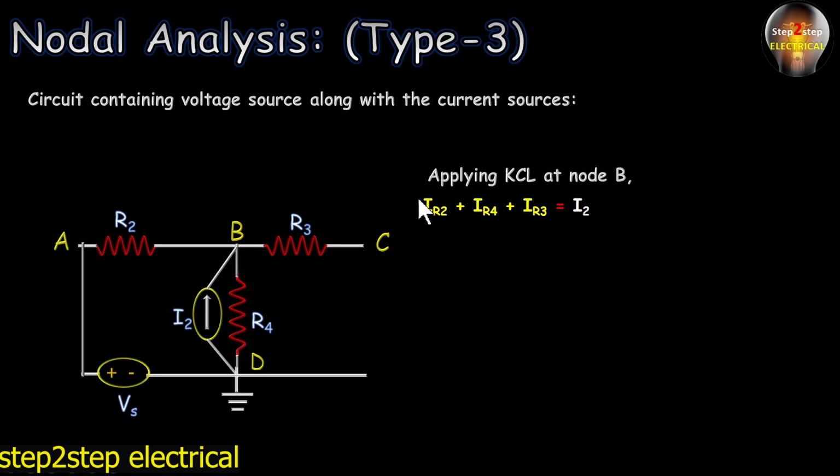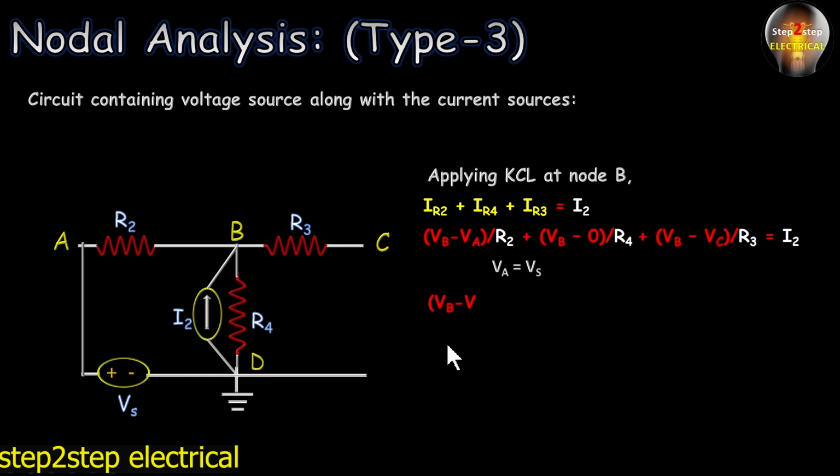So we can write IR2 plus IR4 plus IR3 is equal to I2, where IR2 equals (VB minus VA) upon R2, IR4 equals (VB minus 0) upon R4, and IR3 equals (VB minus VC) upon R3. Since VA equals VS, we can replace VA by VS, and we write the equation as VB minus VS. Instead of VA we write VS, and so this is the first equation.